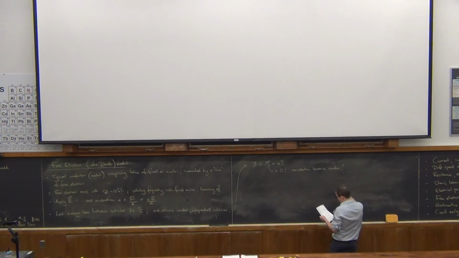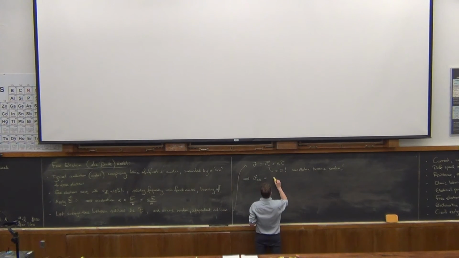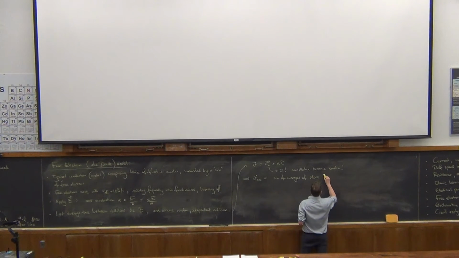So in fact, the average velocity of our electrons is simply the sum of the averages of the above two terms in my kinematic equation.